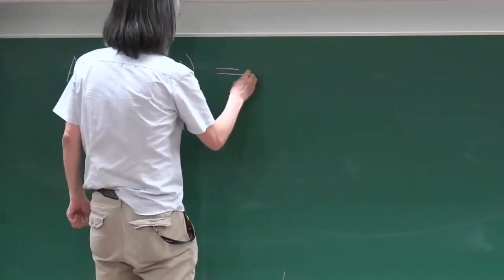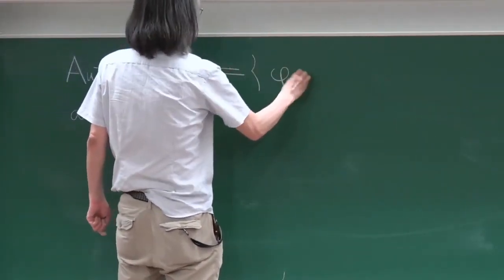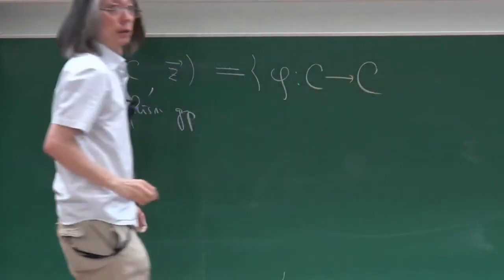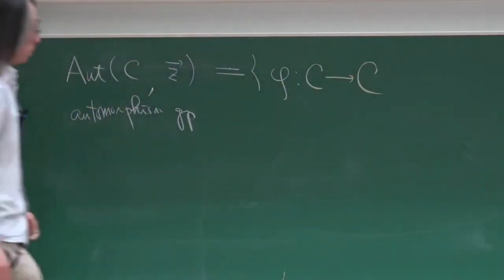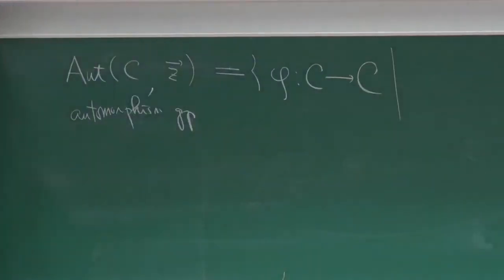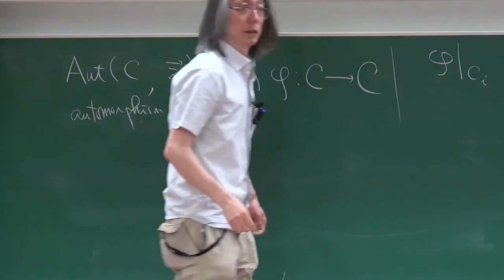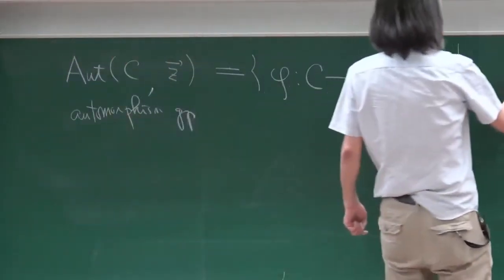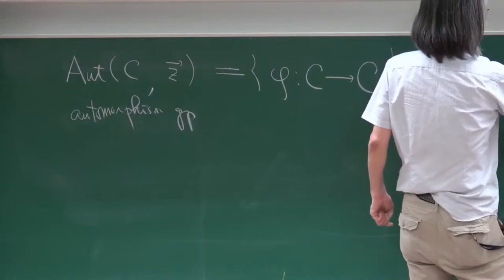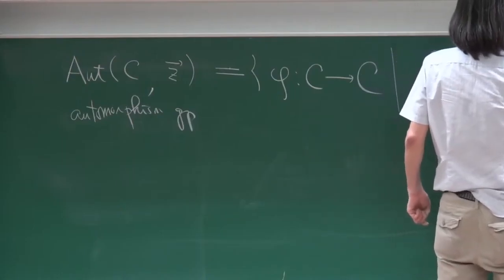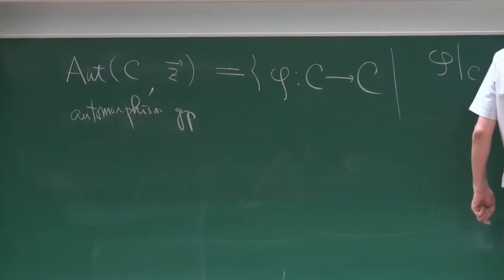So what does it mean? It is a mapping phi from C to C. For each component Ci, which is just a Riemann surface, phi restricted to Ci is a biholomorphic map to its image.